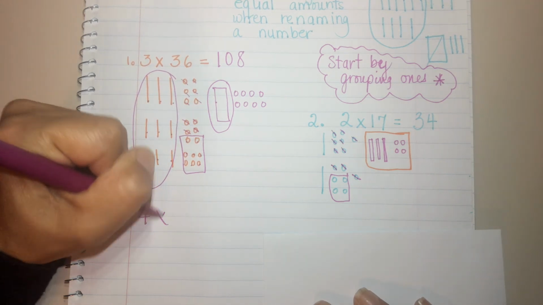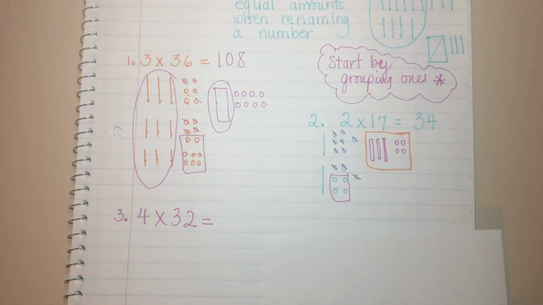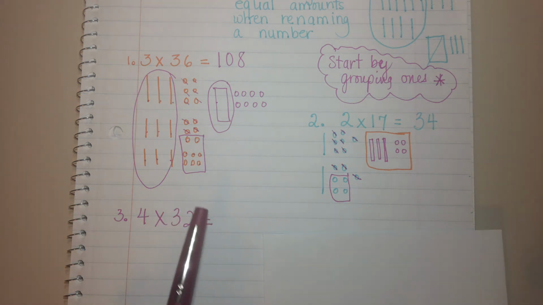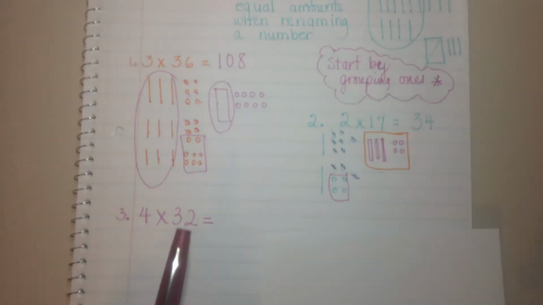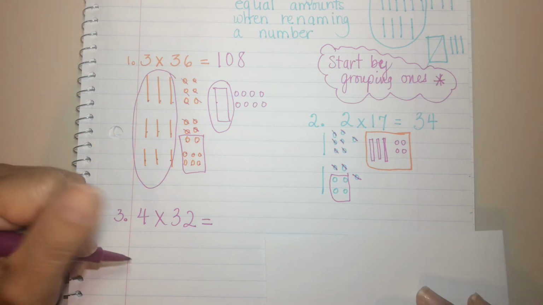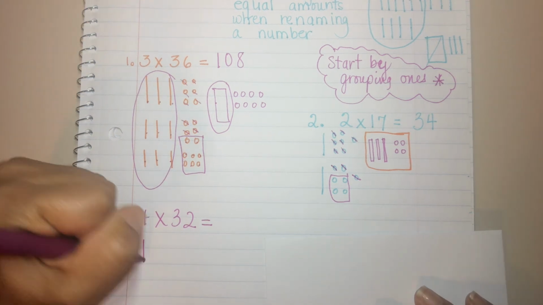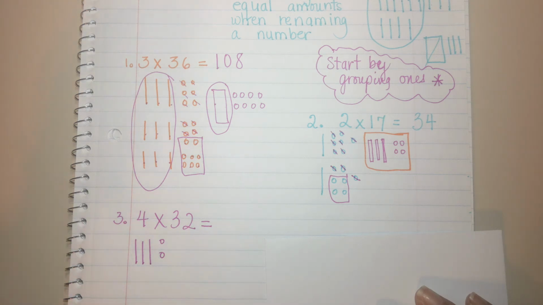We've got 4 times 32. So notice, very familiar. We've already done this, but our numbers are bigger. Now we're thinking of multiples of 32. So I'm going to draw 32 4 times.